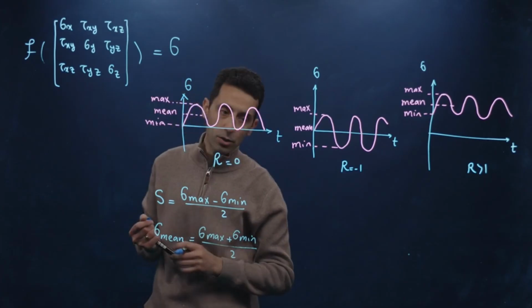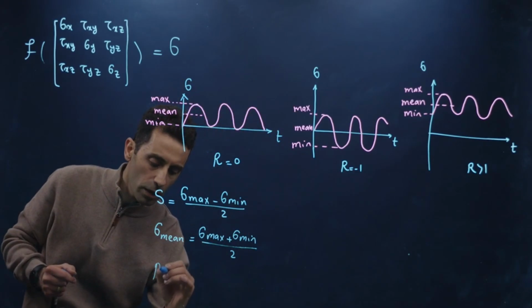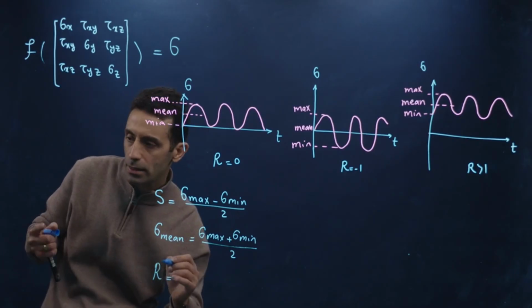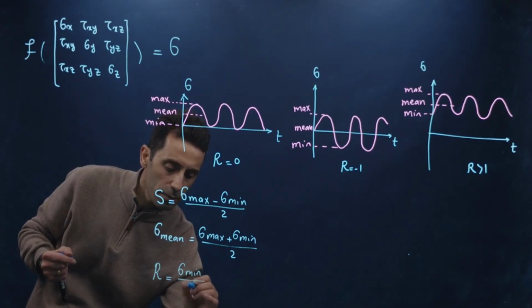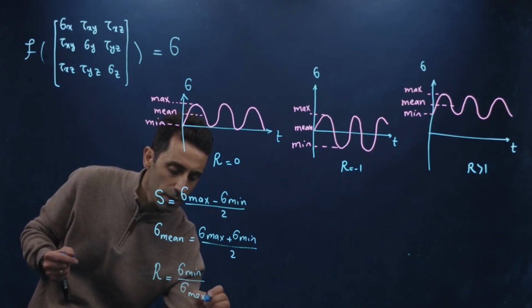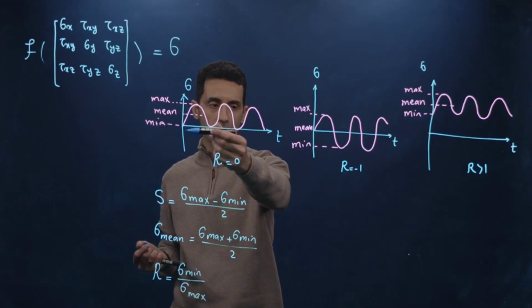And then the last one, which is R, is called the stress ratio. R is defined as sigma min, so the minimum value of sigma, divided by sigma max. So now you can see why R was 0 here, because sigma min was 0.